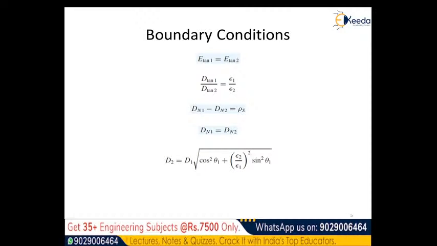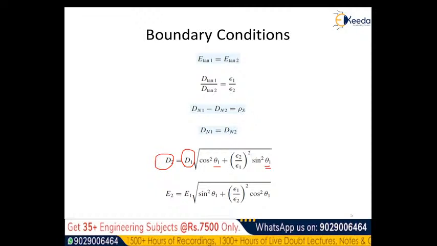Now, if the vector changes with respect to the normal by an angle theta, the electric flux density in the second region will be calculated using the electric flux density in region 1 and the angle theta 1 made with the normal direction I showed in the preceding illustration, and of course it depends on epsilon 2 and epsilon 1.